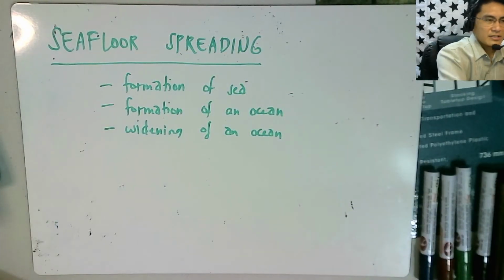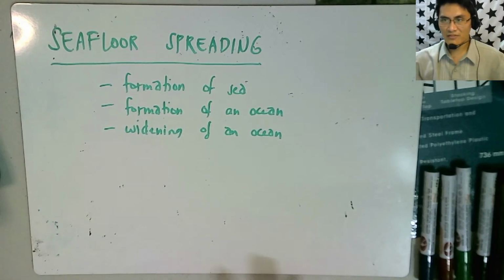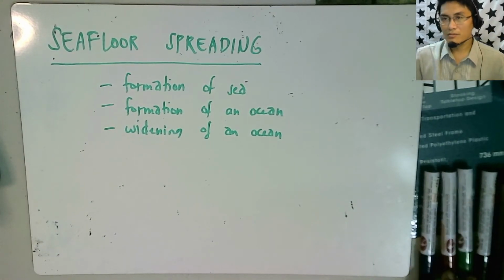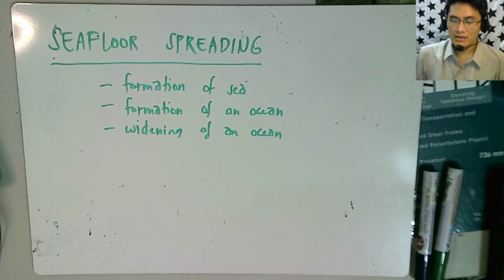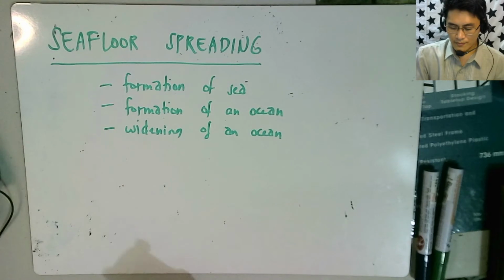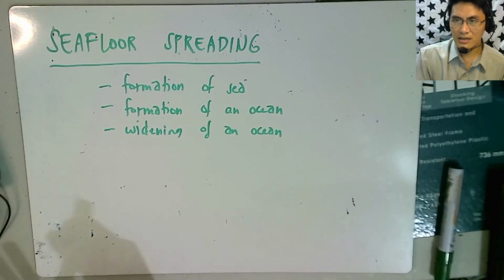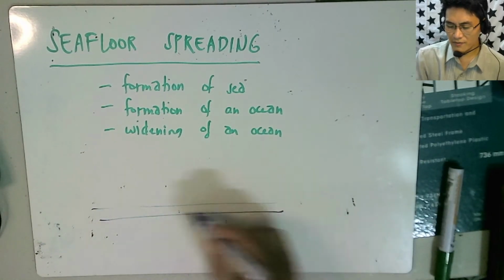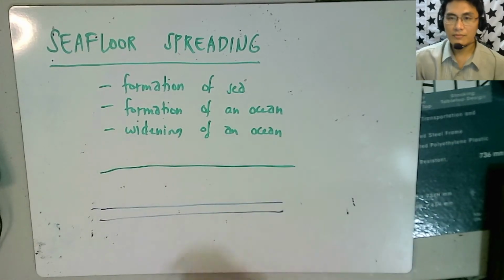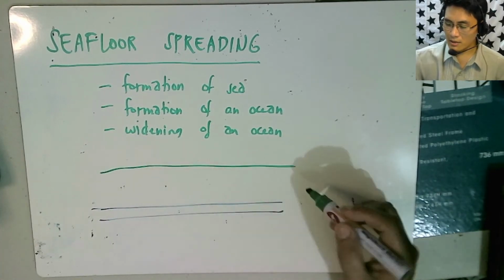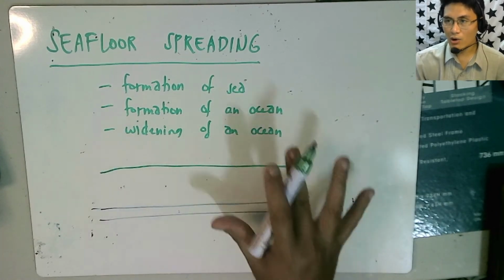Again, this is related to what we discussed about rift valleys and mid-ocean ridges. The concepts are really just connected. So you have a basaltic layer of rock, which is seafloor, and then you have a granitic layer of rock. At this point, this is one continent.